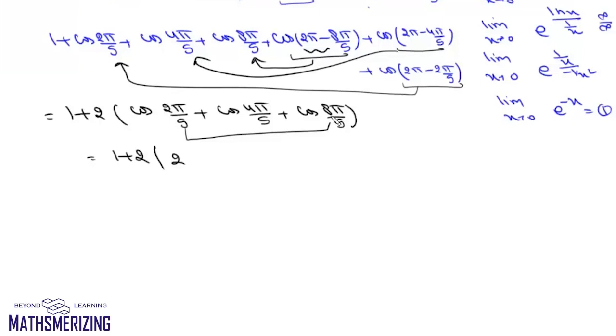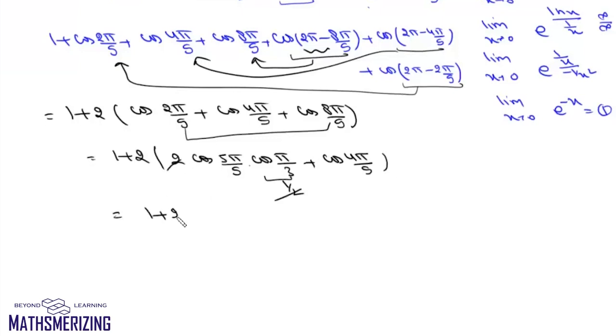So it will be 10 pi by 18, which is simply cos 5 pi by 9. And then if we subtract, we'll get 6 pi by 18, so it will be cos pi by 3, plus cos 4 pi by 9. Now cos pi by 3 is simply 1 by 2. So this 2 and 2 will cancel.